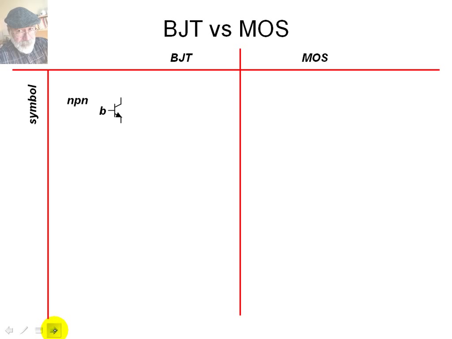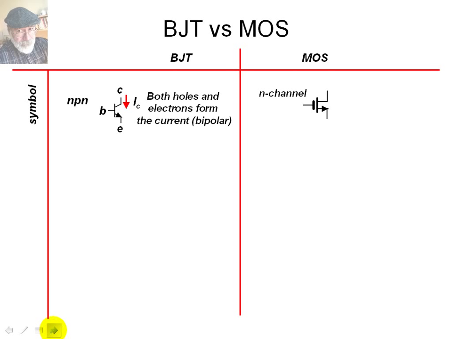In it we identify the base, the emitter, and the collector, and the output current is a collector current. The current in the collector is transported both by holes and electrons, so that means that current is a bipolar current. In the MOS, the symbol we use is this one, at least for an N-channel MOSFET.